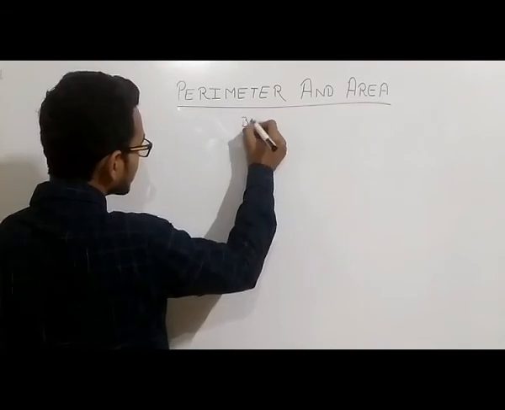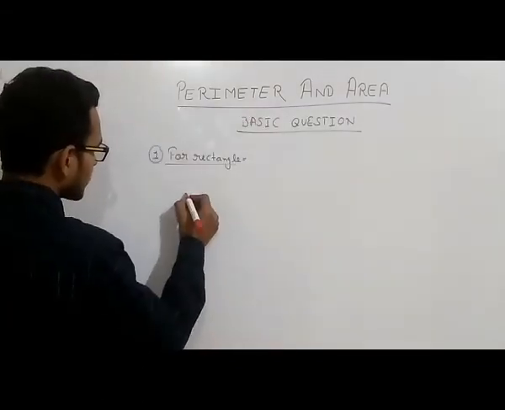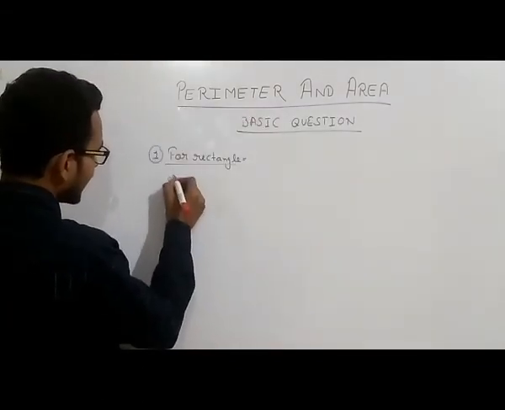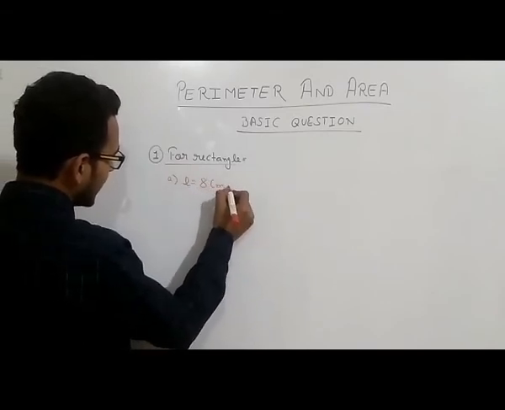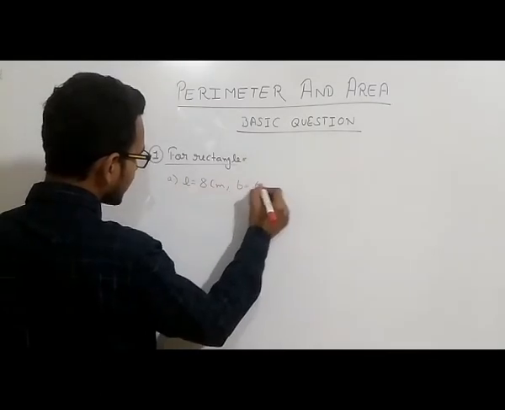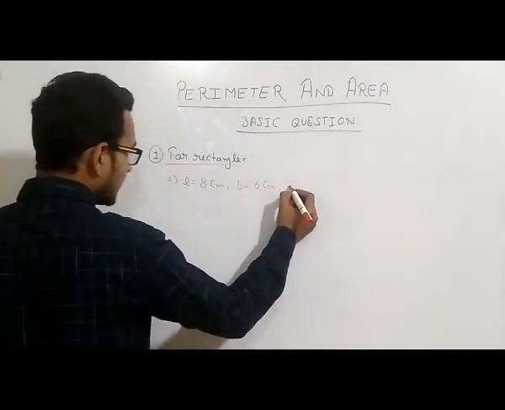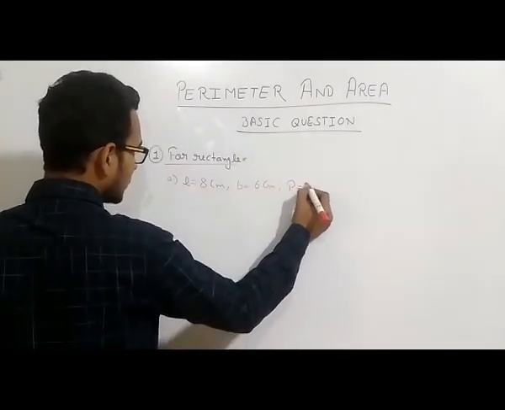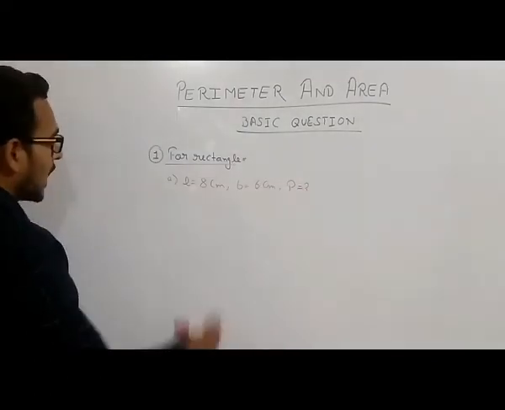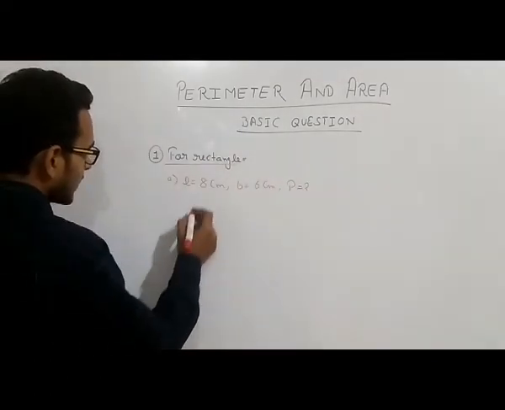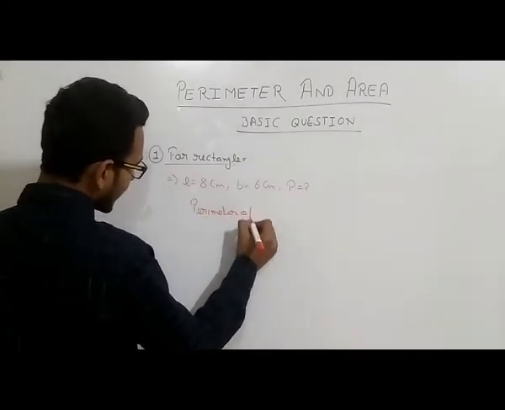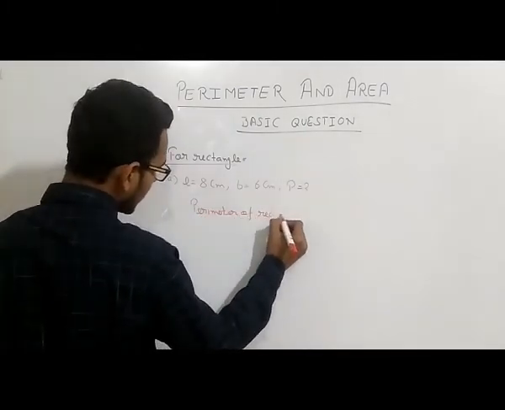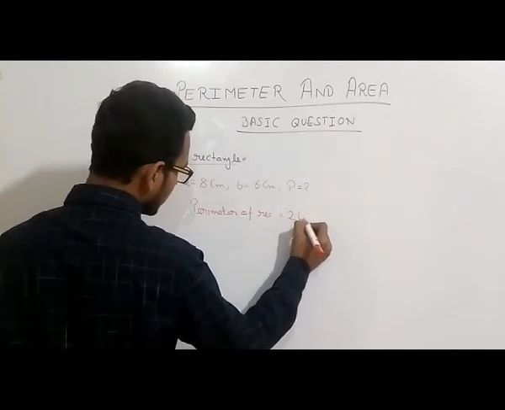Basic question on the rectangle. The first question is: the length of the rectangle is 8 centimeter and the breadth of the rectangle is 6 centimeter. The perimeter of the rectangle is equal to question mark. How do we find the perimeter of a rectangle? You know very well, perimeter of a rectangle is 2 into (length plus breadth).